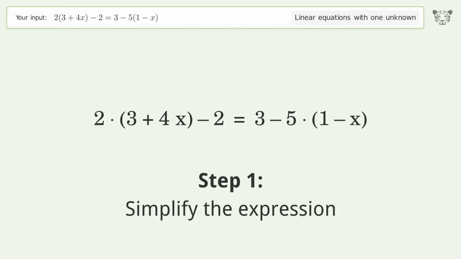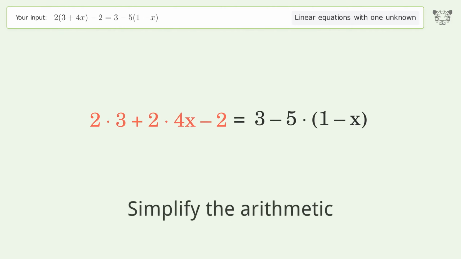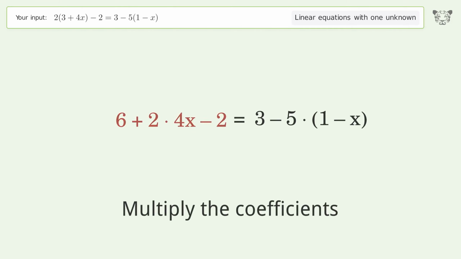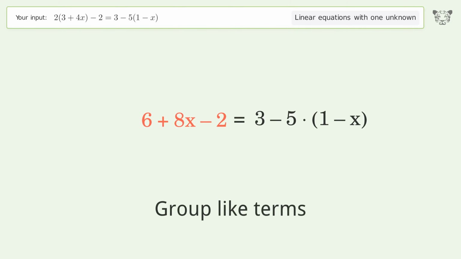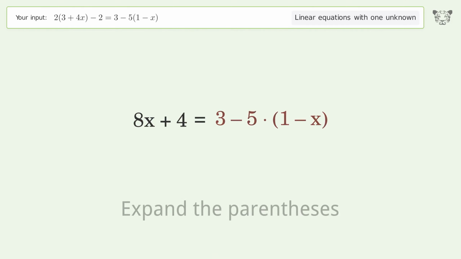Simplify the expression. Expand the parentheses. Simplify the arithmetic. Multiply the coefficients. Group like terms. Simplify the arithmetic. Expand the parentheses.